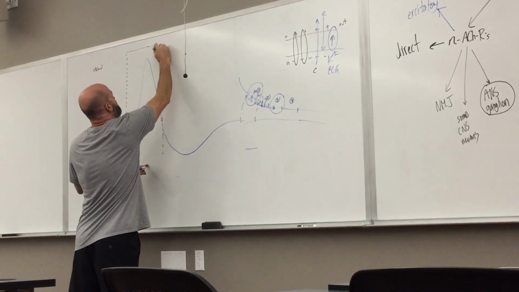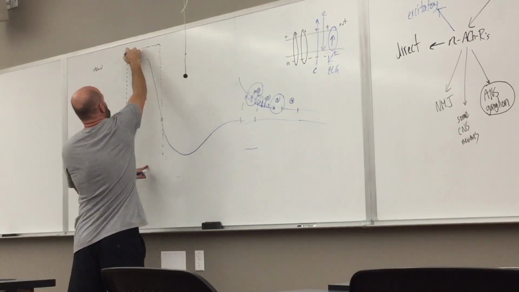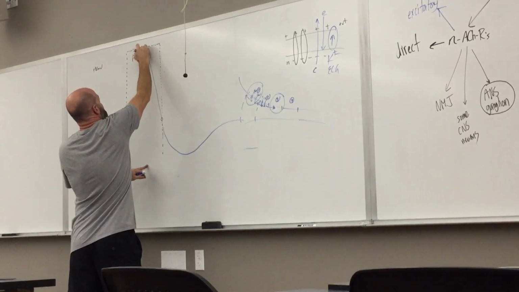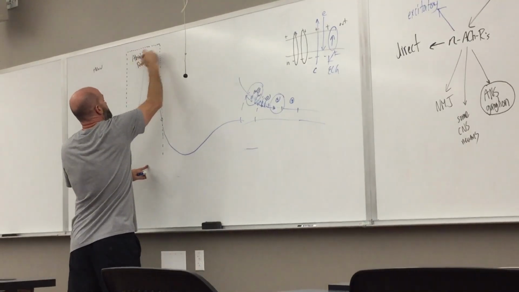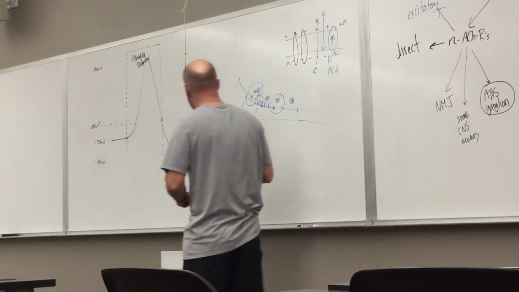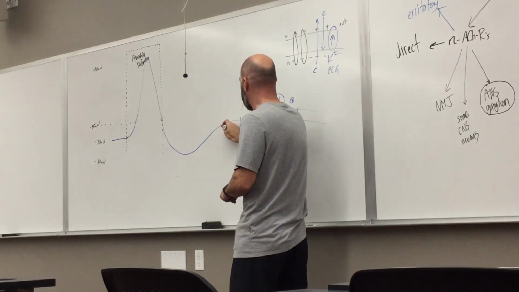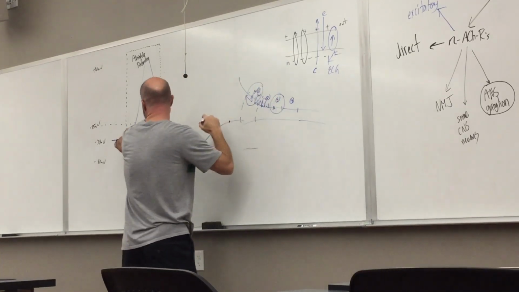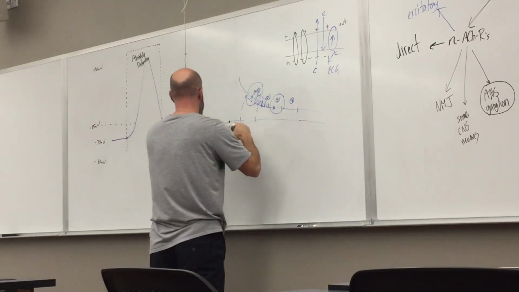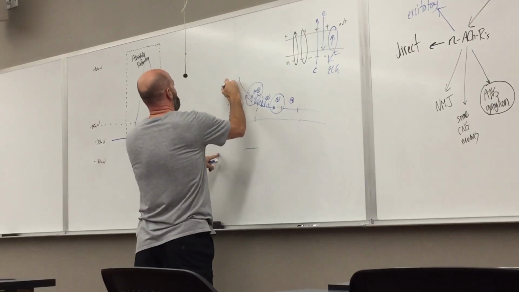And then where does relative end? Back at rest. So refractory starts when we deviate from rest and ends when we're back at rest.